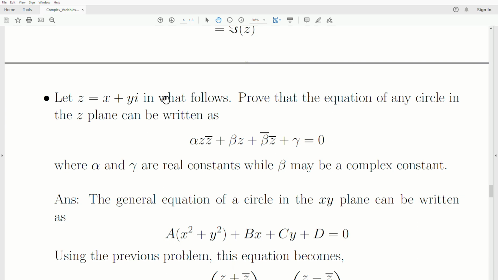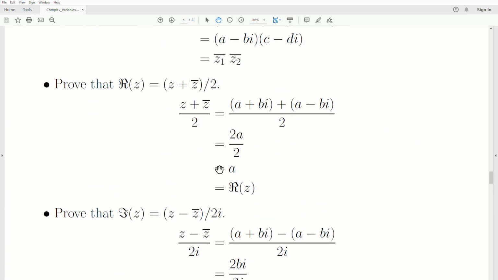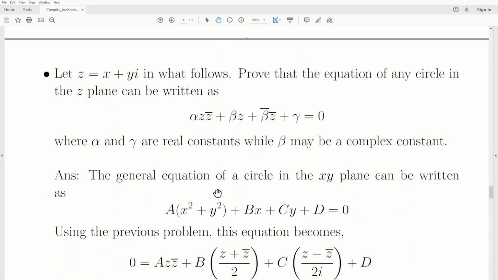And then using the previous two problems where we grab the imaginary component and the real component, we get this expression. Okay. So, of course, the 0 equal a comes down, a squared plus y squared. That is easily shown to be z times the conjugate of z, and I'll leave that for you.